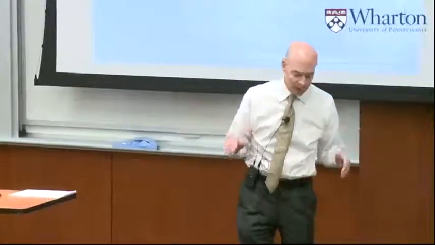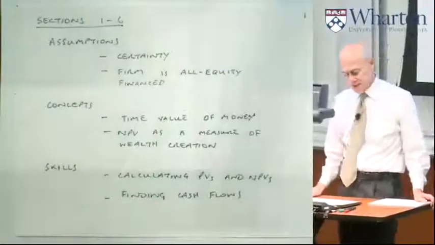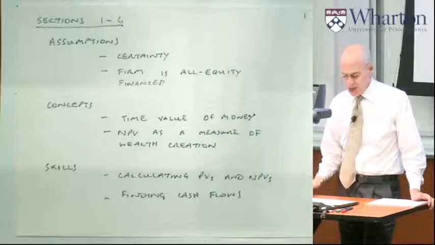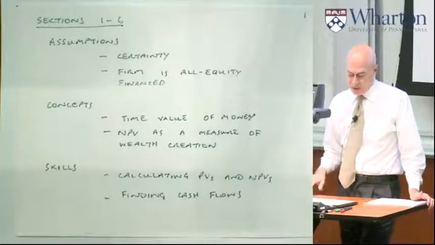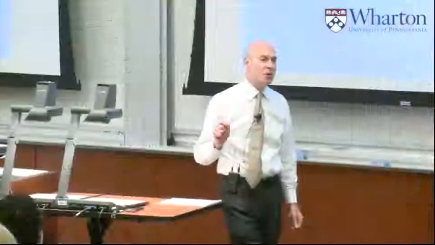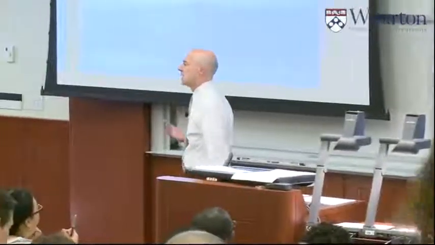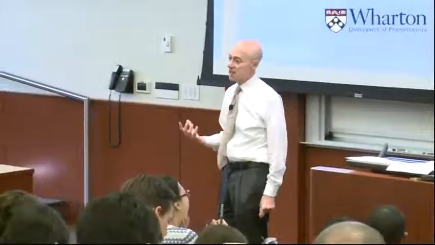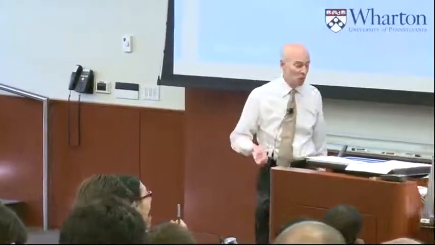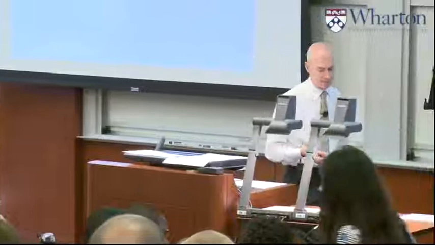Okay, let me just give you a quick summary of where we are. What we've done in these first sections is to have a very simple framework. Although we talked about risk on occasion, essentially we've been assuming there's certainty. And although we've talked a little bit about debt, essentially we've been assuming that the firm is all equity financed.